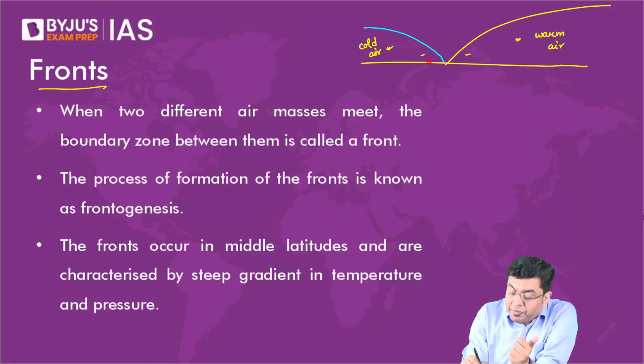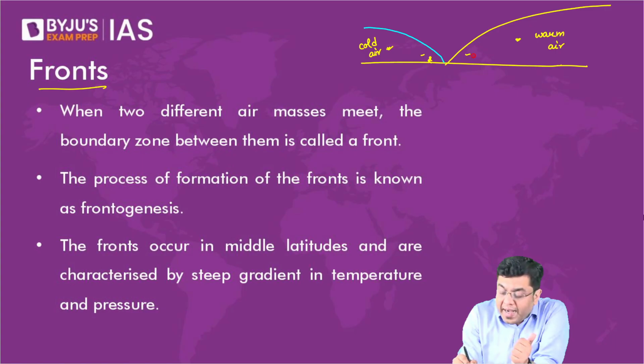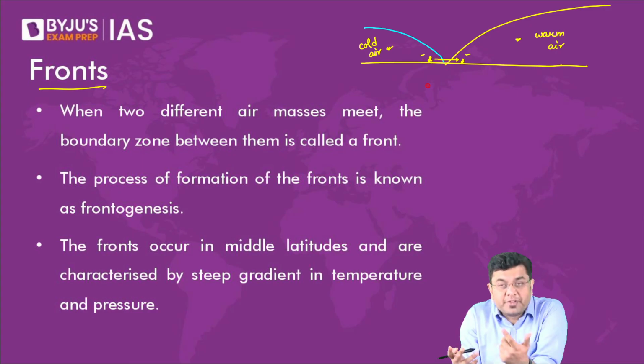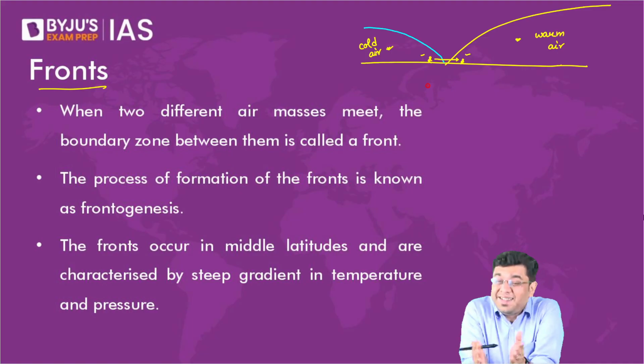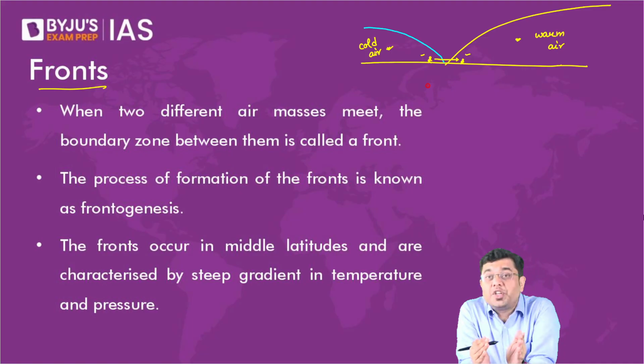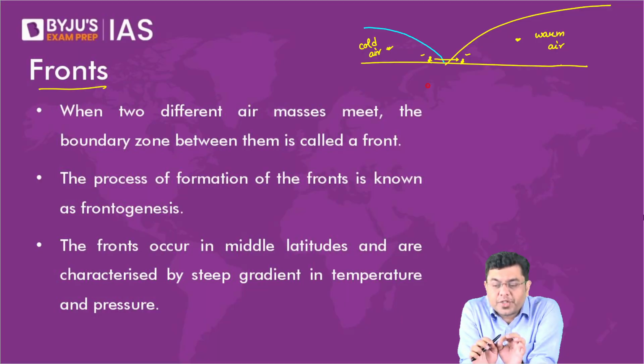Where if as an individual you are standing here, you will experience colder air. And if as an individual you are standing here, you will experience warmer air. As you move from here to here, you will experience that difference in temperature. So there is that distinct zone of transition that is created. So that distinct zone of transition, that is what is referred to as a front.